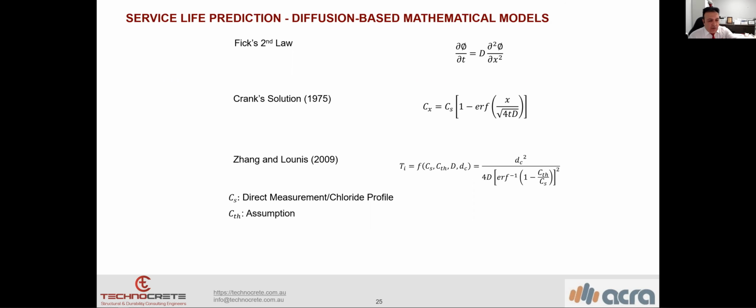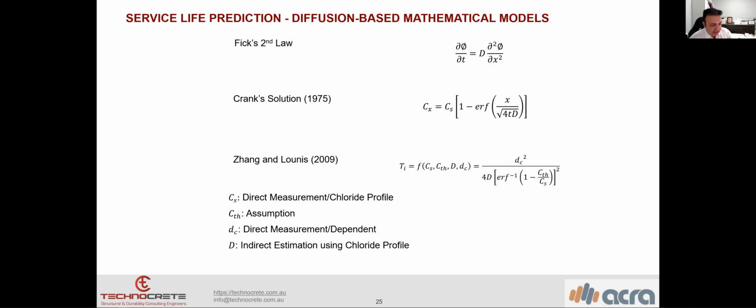In all of those mathematical models, we have some parameters at the bottom of the slide. Cs is the surface chloride concentration, which we can measure. The chloride threshold is an assumption, and I don't have time, but it needs another presentation just for chloride threshold.